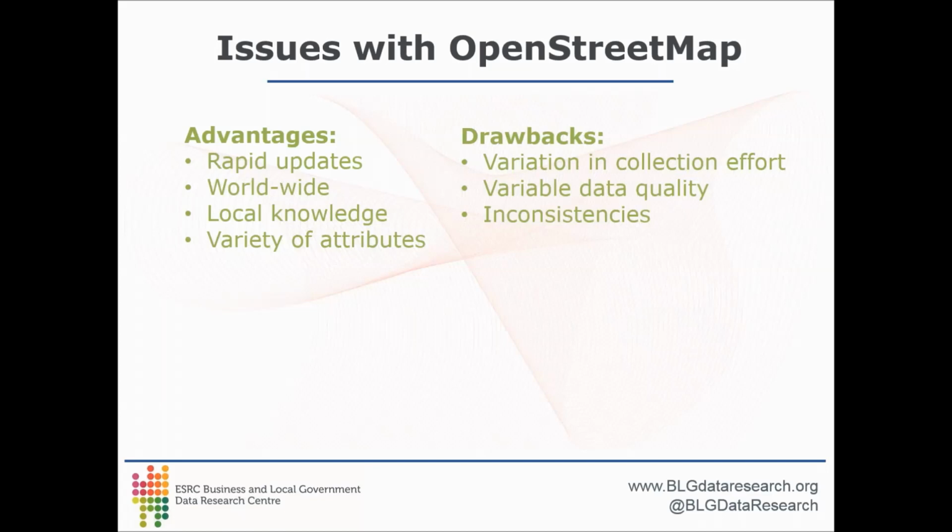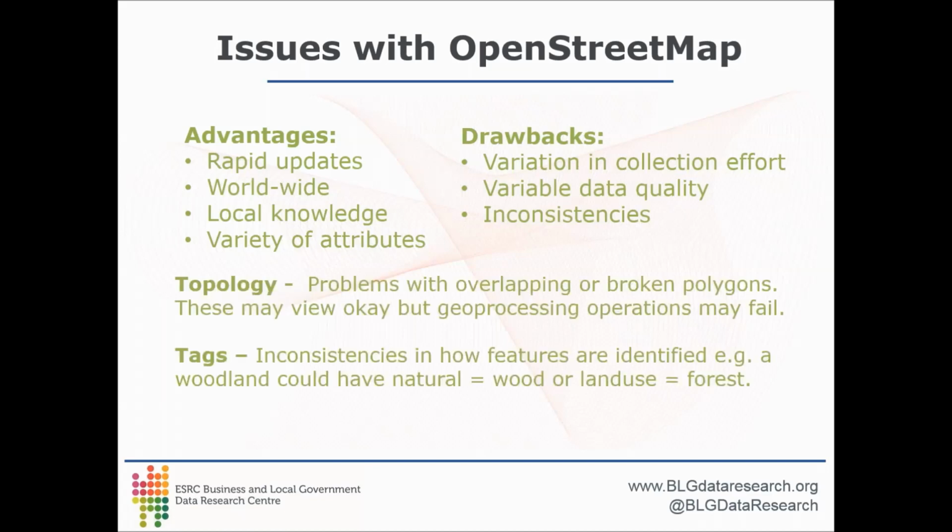Sometimes there's variable data quality in terms of the accuracy with which features have been mapped. And there can be a number of sorts of inconsistencies in the data. These refer both to the spatial elements of the data and also the attribute information.